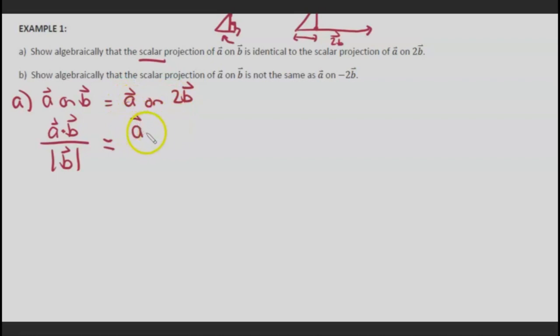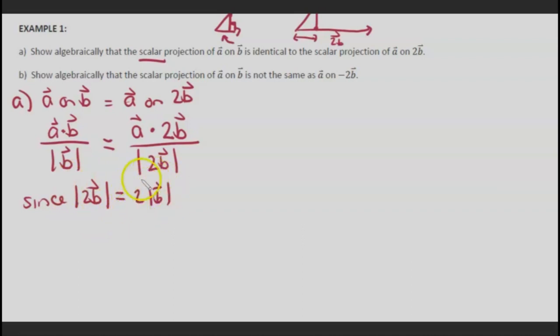It's going to be vector A dot vector 2B, all over the magnitude of 2 vector B. Since the magnitude of 2 times vector B equals 2 times the magnitude of vector B, that's how you say that.